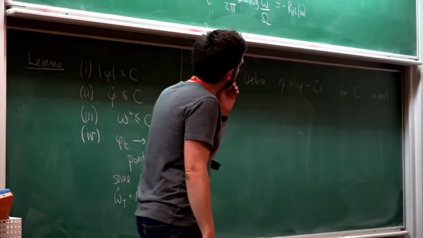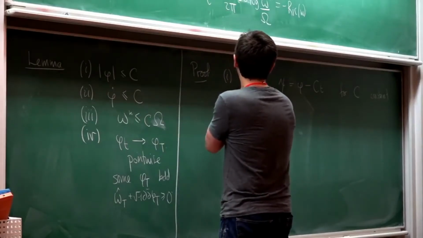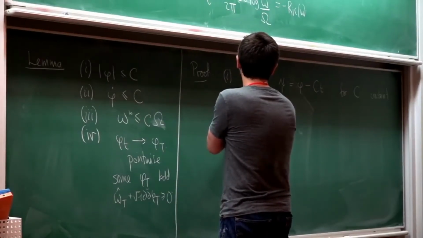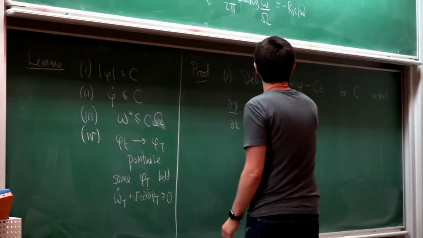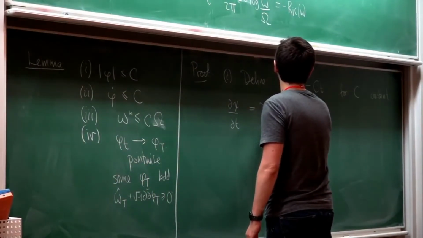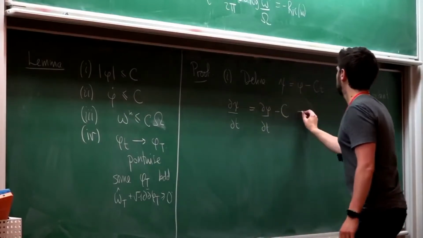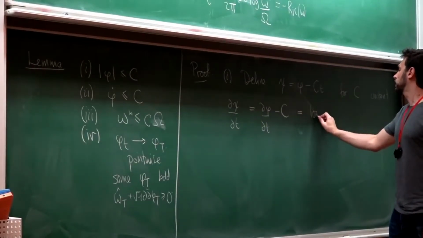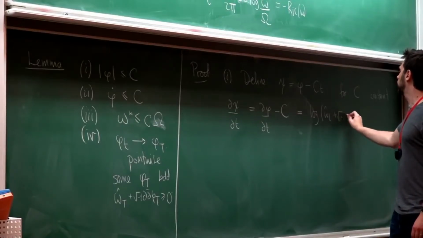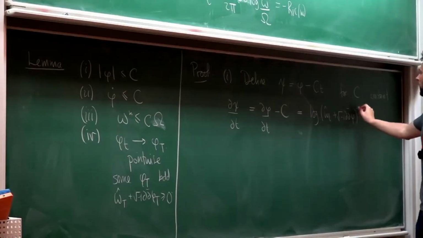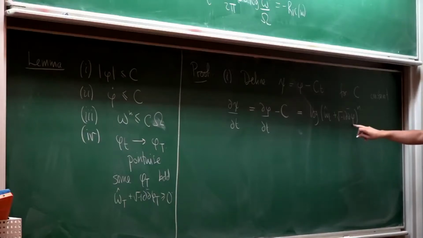Then look at the psi dt. Well, by definition, this is just the phi dt minus c. But this is log of omega hat t plus dd bar phi to the n. But notice that dd bar phi is the same as dd bar psi.